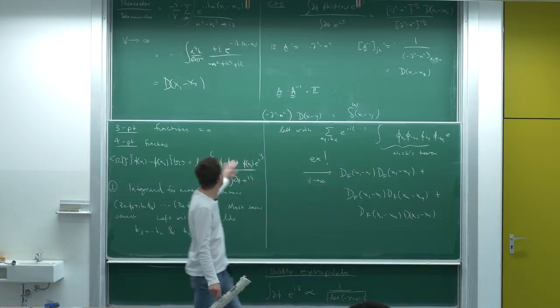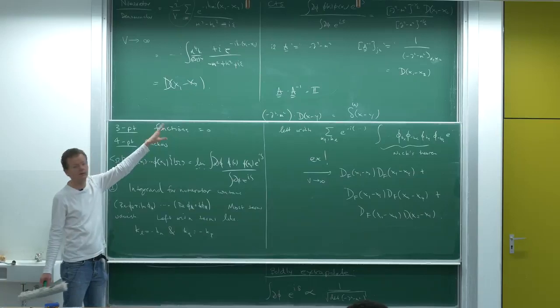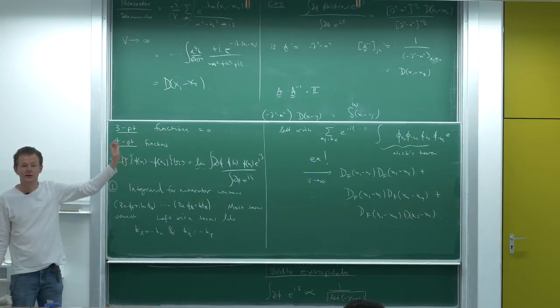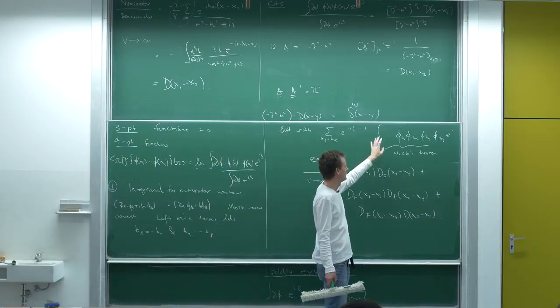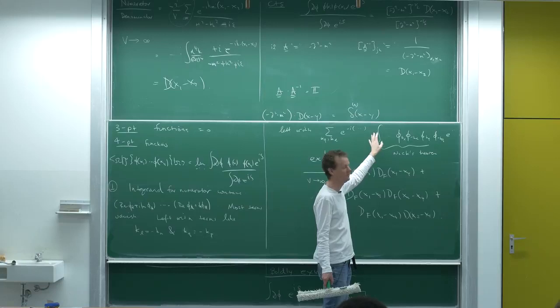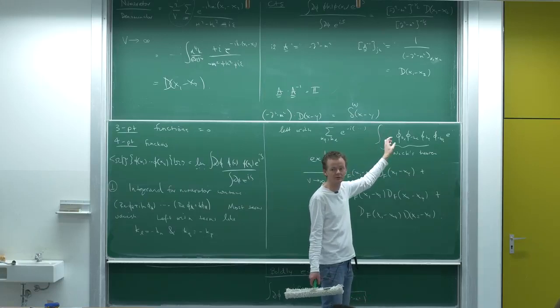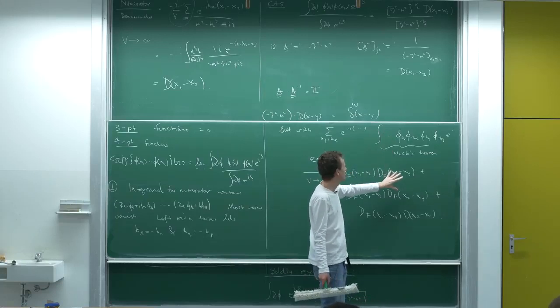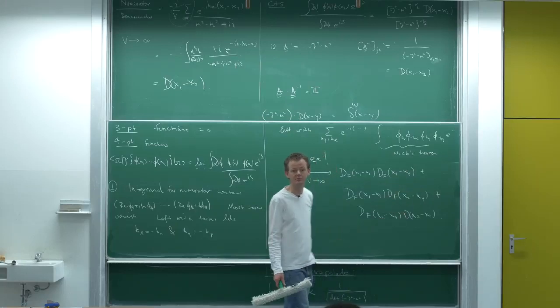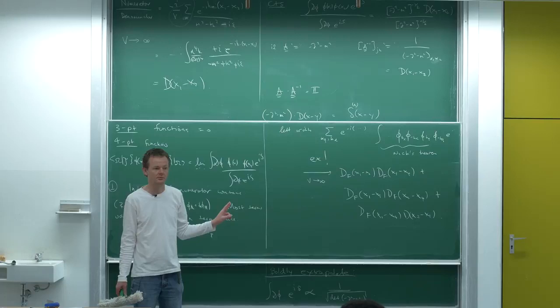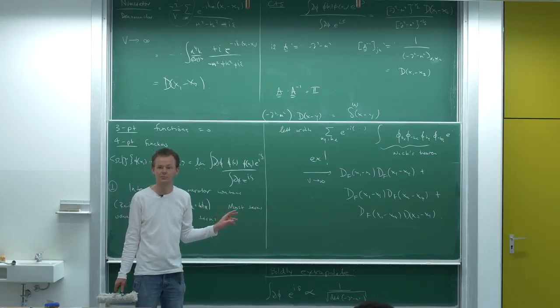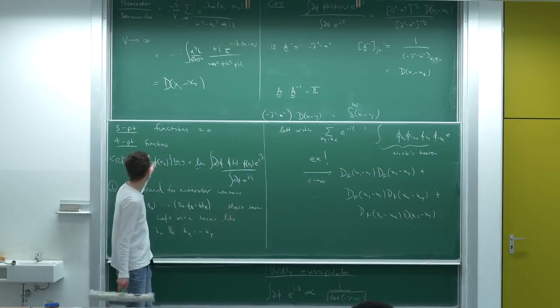So the base case n is 2 is a special case. And then how to get the general result? Well, you need to know how to get from the n-point function to the n plus 2 point function. And doing this example gives you the inductive step. So it's worth doing n is 2 and n is 4, because then you'll spot the pattern, and you'll know how to compute the correlation functions for arbitrary n.